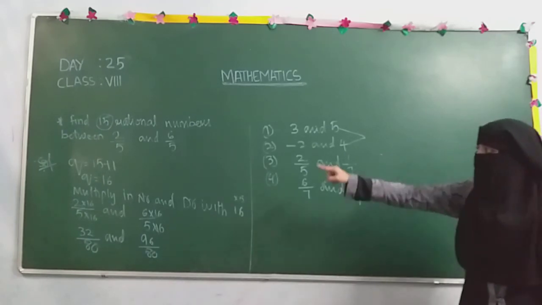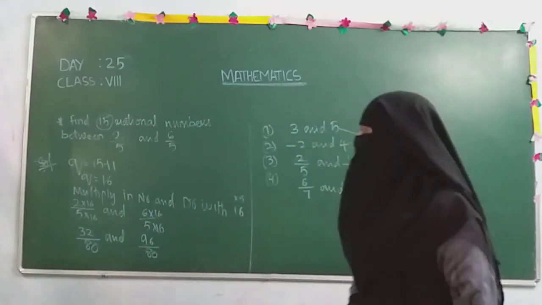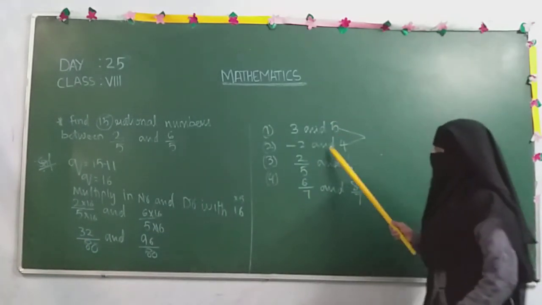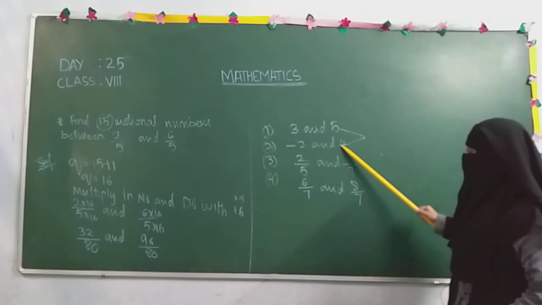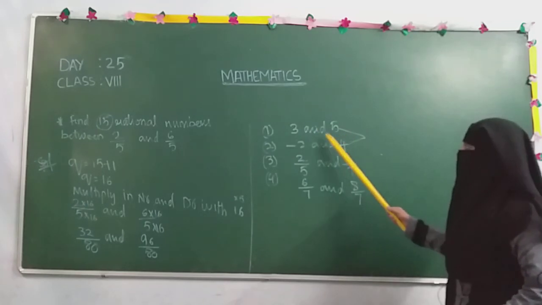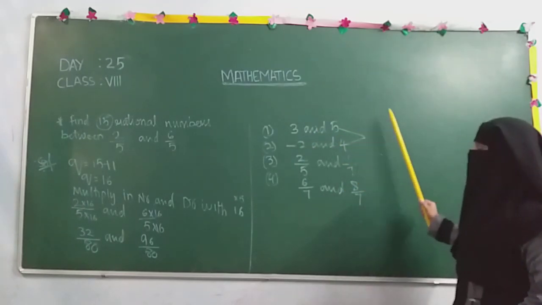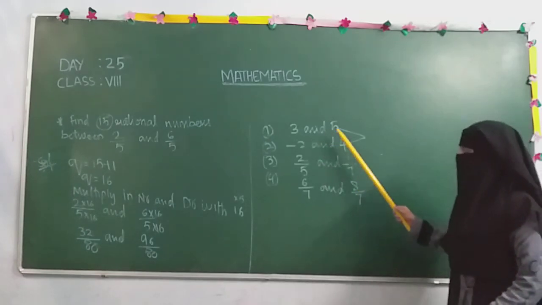For the first two types of problems the procedure was the same. That is, first we need to find the value of Q. For this as well as this, these are similar types of questions. Here the denominators are equal, that is 1.